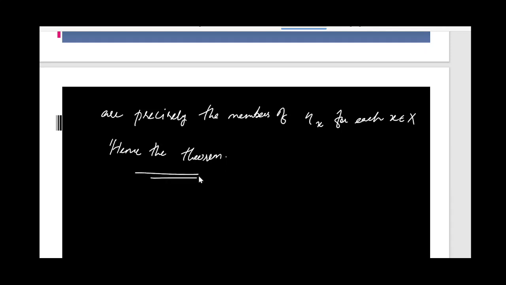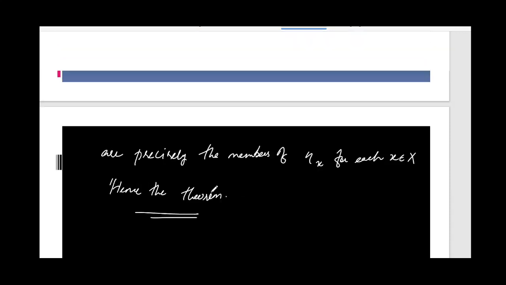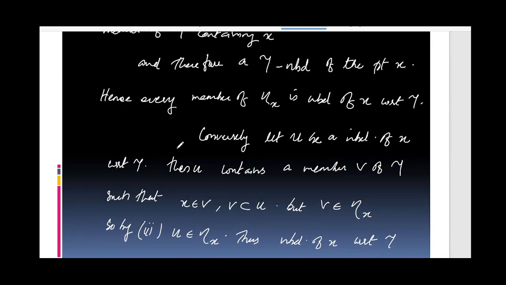Hence the theorem. So what about the converse part? Conversely, what do we want to assume? We want to assume U is a neighborhood of x with respect to tau. Then what do we want to prove? Now this neighborhood belongs to the neighborhood system. Since U is a neighborhood, it should contain an open set, right? Let that open set be V. Now it is open means it belongs to the topology.